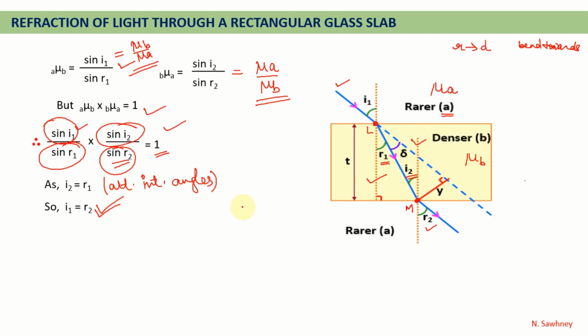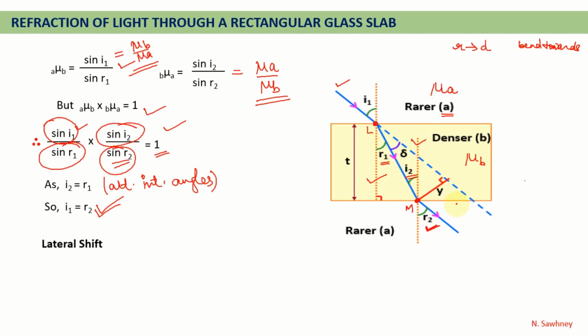So from here we can conclude that the angle of incidence at the first interface should be equal to the angle of emergence by which the light is leaving the glass slab.